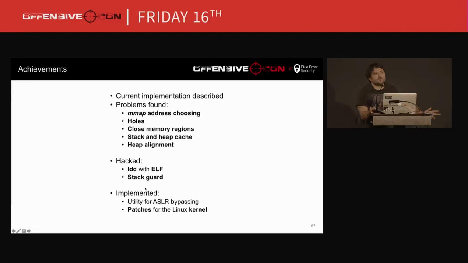If memory regions are close, this is a problem, and I'm not the first, but nobody cares, I think. Also today I showed how the ELF loader was hacked and how to bypass stack guard. And I made a utility for bypassing ASLR, and I patched the kernel. I will submit my patches very soon. I already sent these bugs to the Libc tracker. You may take a look there.